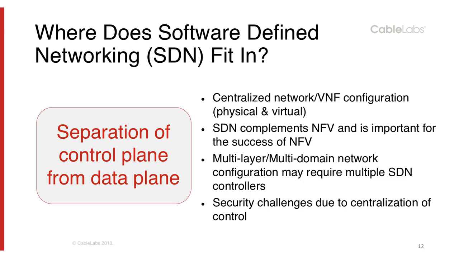You can have a global SDN controller that provides the plumbing between clouds. Then you can have a domain SDN controller that provides underlay network configuration and management, and then overlay or virtual network configuration and management. So multi-layer, multi-domain may require multiple SDN controllers. That's not uncommon. And this centralized control also opens up some security challenges that have to be addressed.